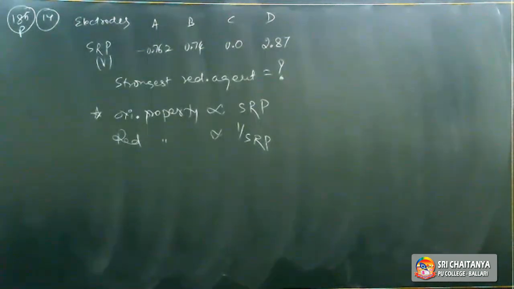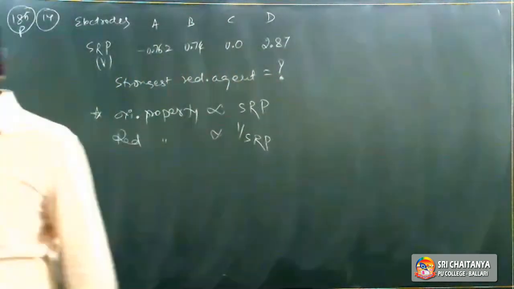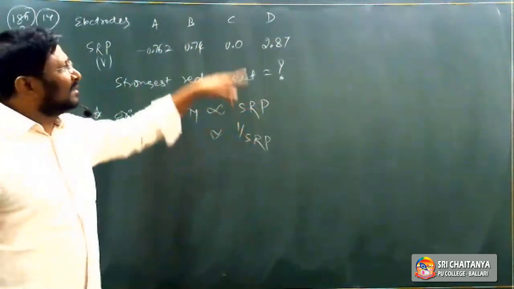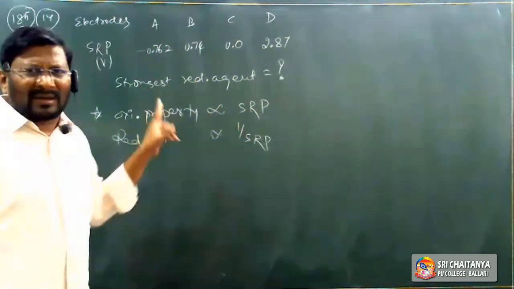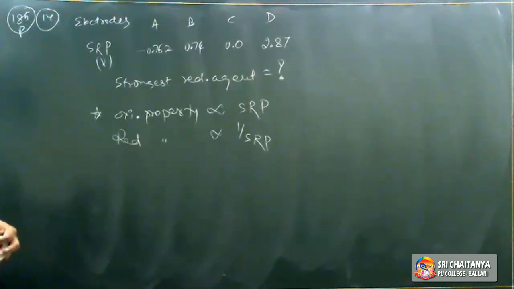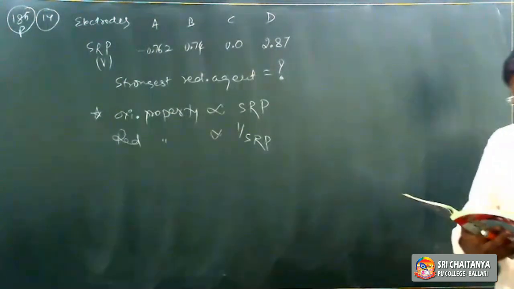The lowest value is the first one, is it not? So that is the strongest reducing agent. Remember it in that way. This is another model. Yes, next question. Then all the models are covered from electrochemical cells.